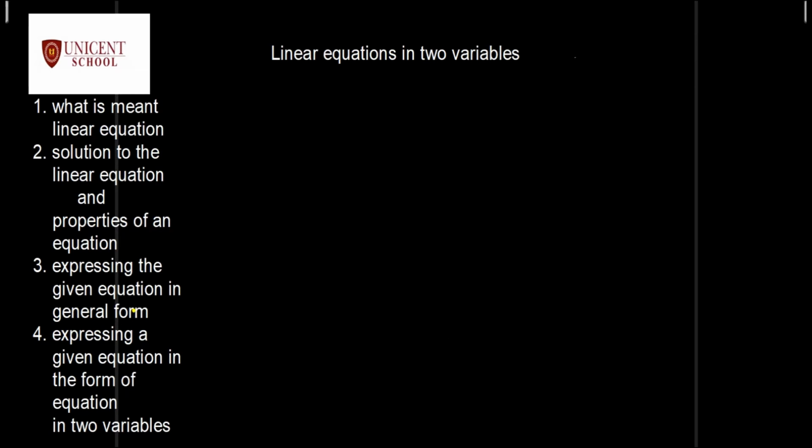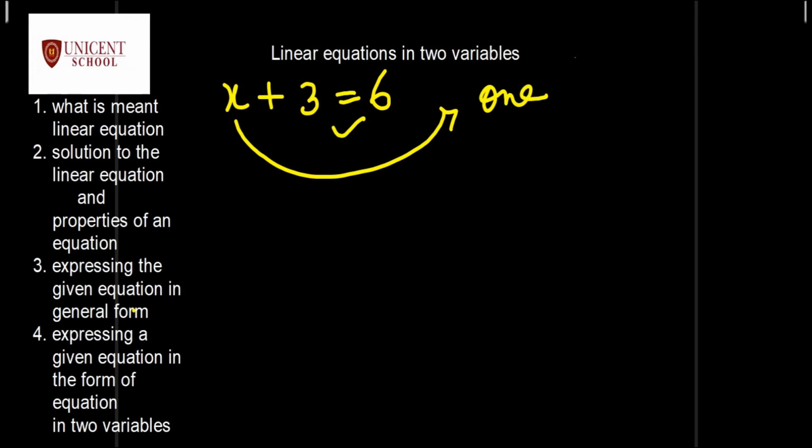Let us start with what is meant by a linear equation. In our previous classes, we have learned about examples like x plus 3 equals 6, which is considered to be a linear equation in one variable. We call it an equation because it has an equal to symbol and the degree of the variable is 1.